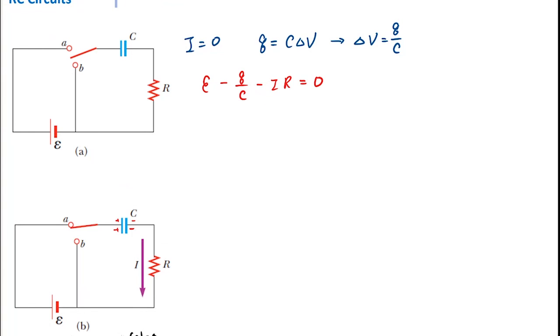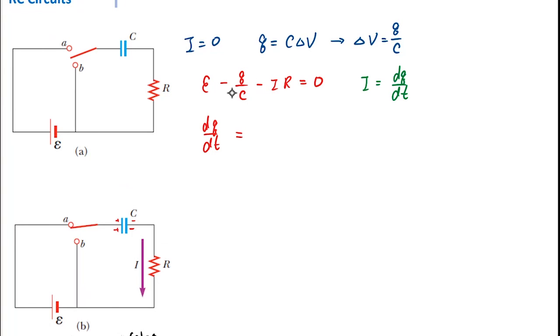Correct? Okay, then. Now I'm going to isolate this. What was I again? I was dq over dt. Substitute that, so I have dq over dt divided by C. Can I multiply C on both sides?